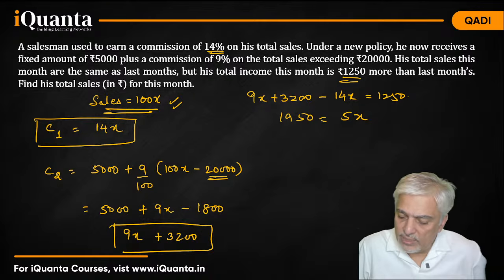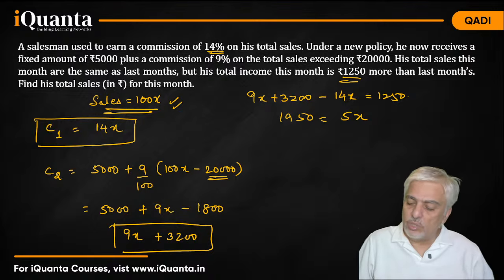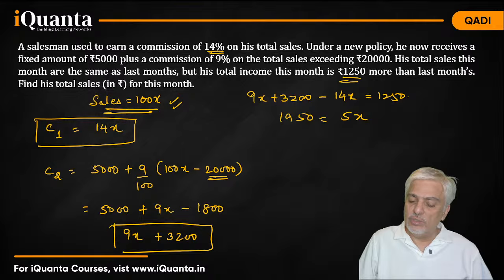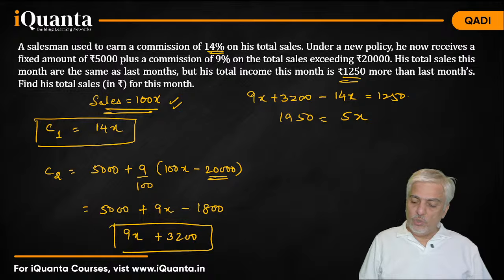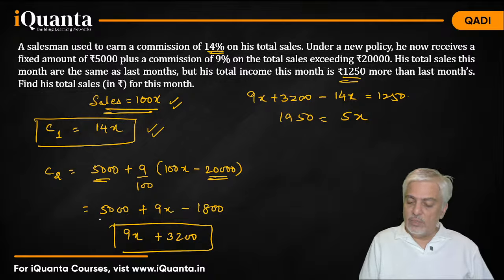His total sales this month are same as the last month, but his total income this month is 1250 more than last month. Okay, so 14x last month. This month 5,000 plus 9% of 100x minus 20,000. पहले 20,000 पे कुछ भी नहीं मिलेगा.